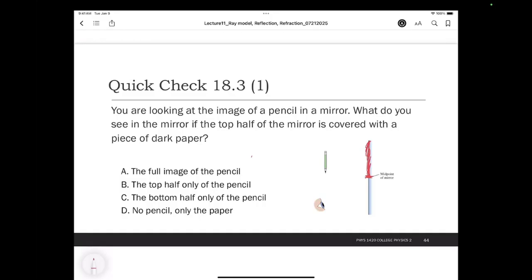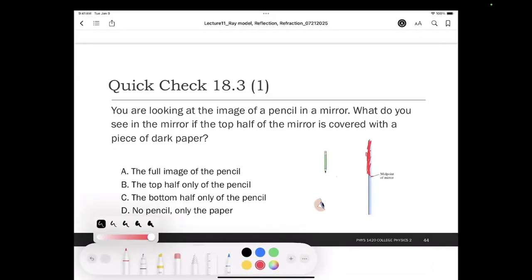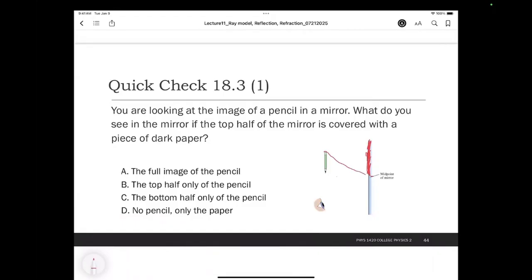Guess. Actually, you can do this experiment with your own mirror. You can see that even if this part of the mirror is covered, the light can still enter your eye.